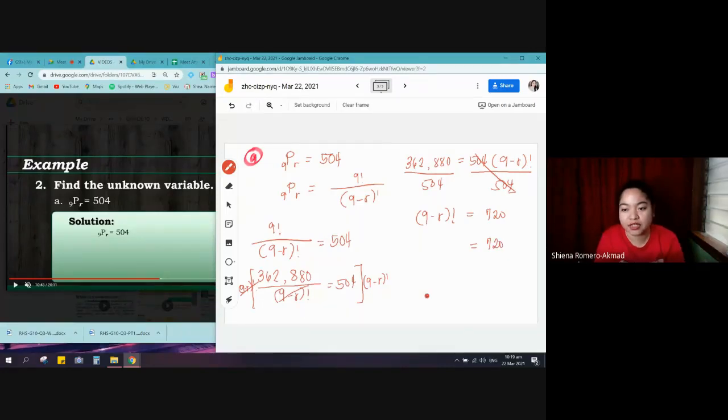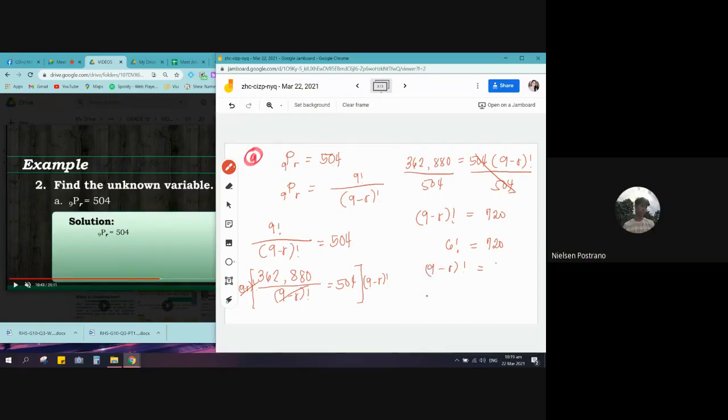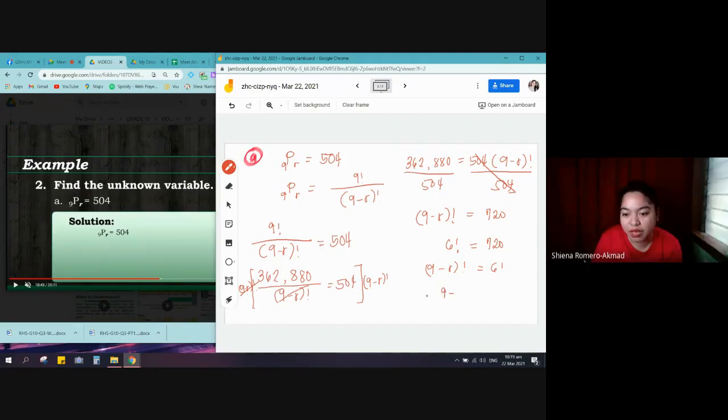Anong factorial siya? 6 factorial, right? So, para maging 6 factorial to, anong number dapat yung r? Sige, gawin natin ito. Minus 3. So, that's 9 minus 3 factorial equals 6 factorial. So, our r here is equal to 3.